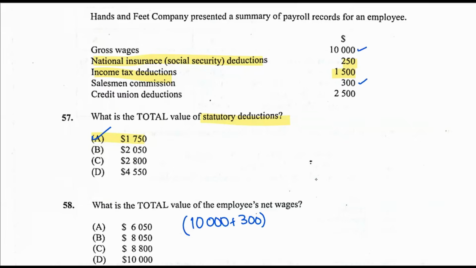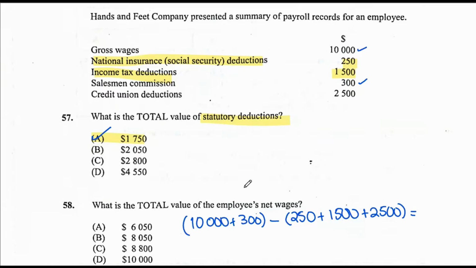And now remember, we want to find out what is gross payroll base. Now you subtract all the deductions, guys, which is the national insurance, income tax, as well as the credit union. So I'm just adding them all together and putting them in brackets because remember, we'll just subtract the deductions from the gross to give us net.